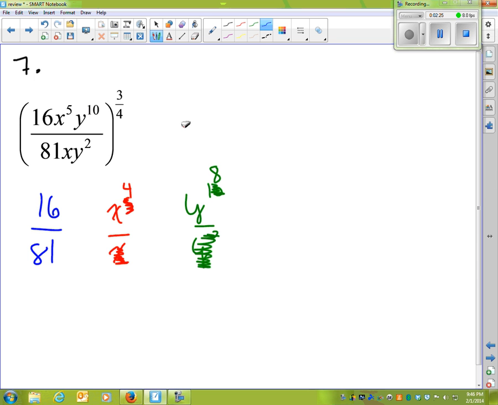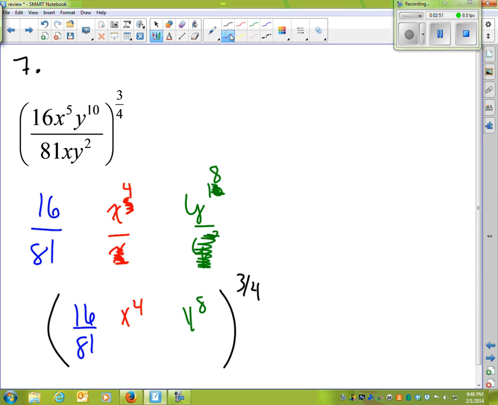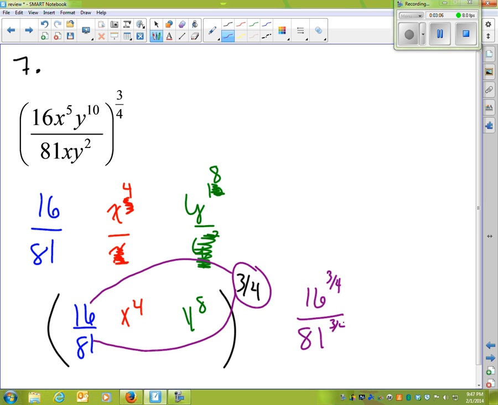Now let's take a look at our 3/4 power. So this is 16 over 81, x to the 4th, y to the 8th, all of that to the 3/4. Everything inside those parentheses is going to be raised to the 3/4 power. So I'm going to go ahead and distribute it. This 3/4 goes to the 16, 16 to the 3/4, and to the 81, 81 to the 3/4.